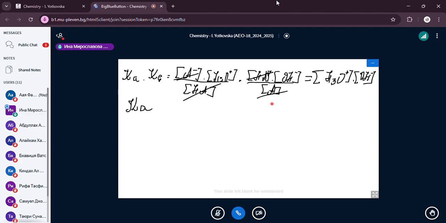So from here, we obtain also the relationship between these two constants, which when we multiply them, we obtain Kw. And what we know for Kw is that it has value equal to 1 multiplied to 10 raised on the power of minus 14. So with this relationship, also, when we know the value of one of these constants, we can easily find the value of the other one.